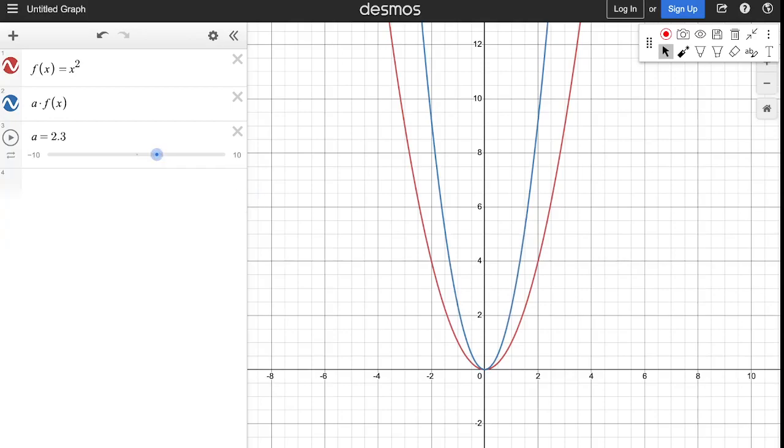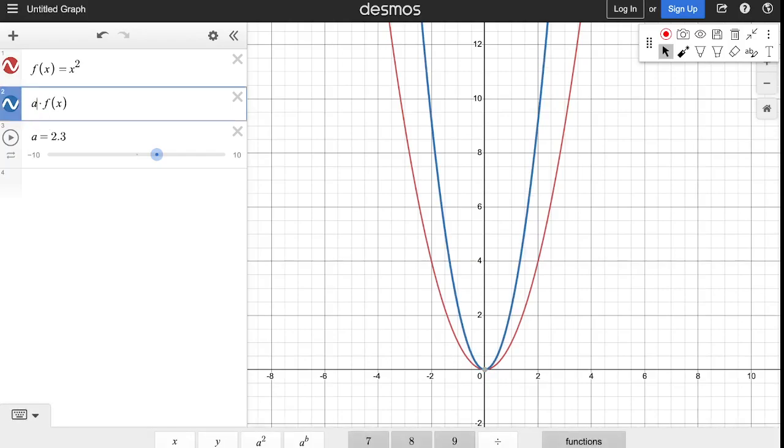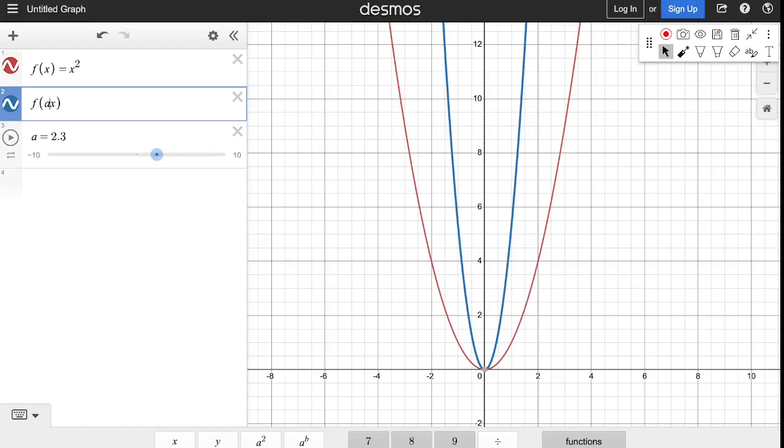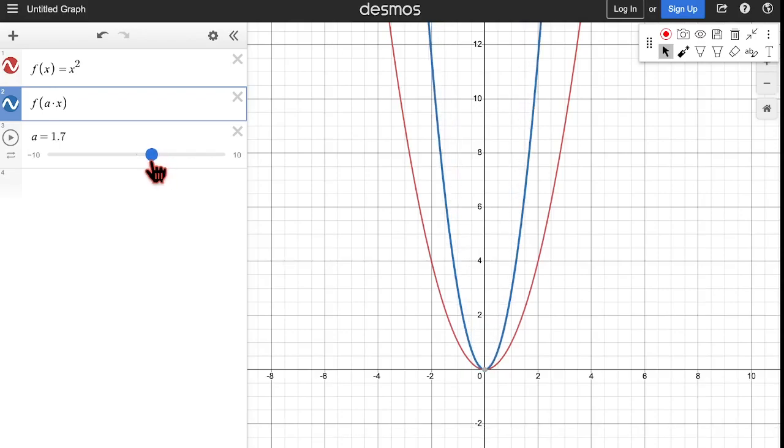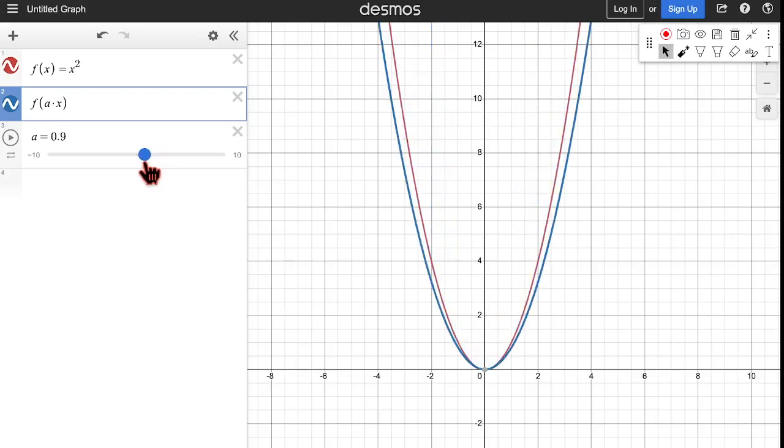Now while we're working at this, let's see what happens. What if we were to move the a inside? So we're going to come here, delete that, and we'll put an a inside, a times. Okay, so now we're changing the inside. So if we go to 1 first, right on the function, and we're less than 1, watch what happens.